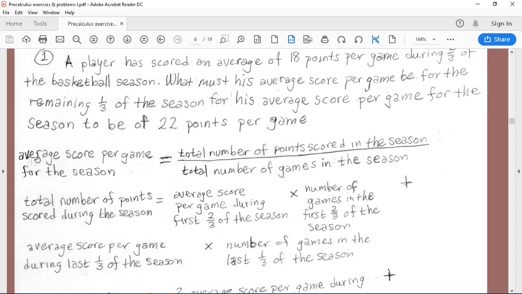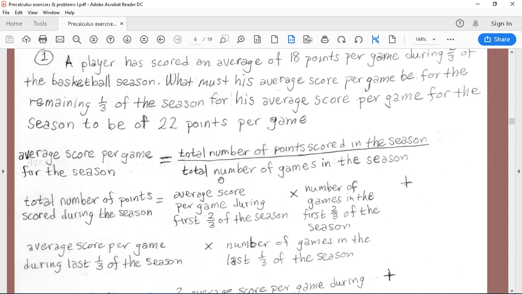We have that our average score per game for the season is equal to the ratio between the total number of points scored in the season and the total number of games in the season. Here we are not considering whether the player gets injured, falls sick, or any other reason that could make him miss any games.